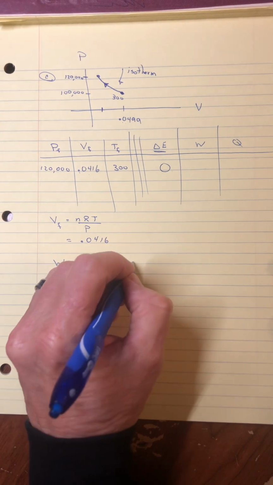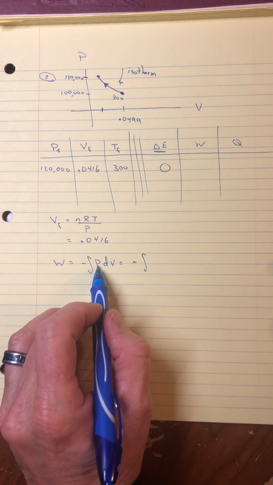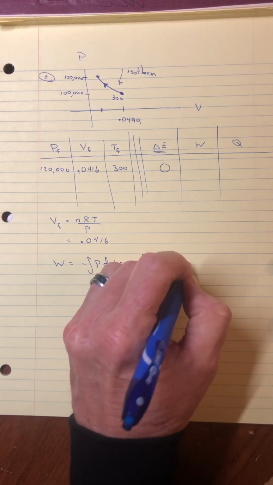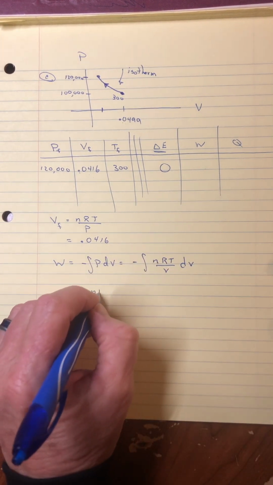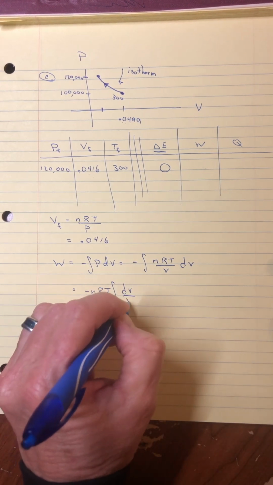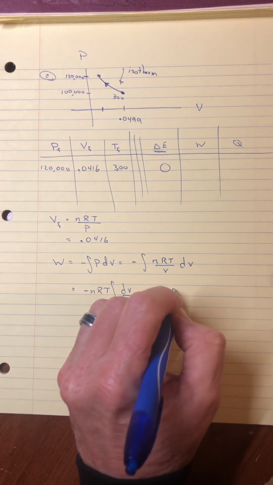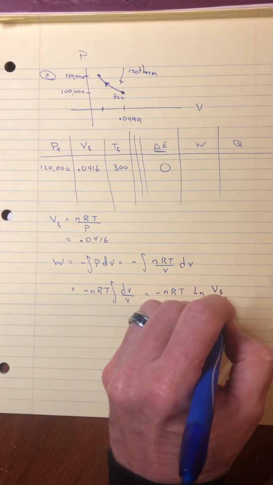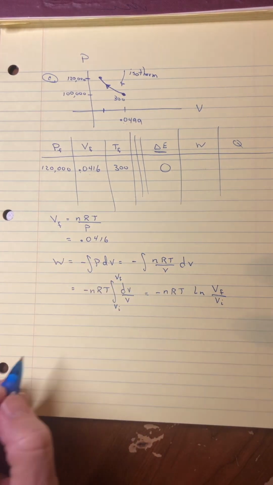And then we argued that P changes, so you can't pull it in front of the integral, but you can replace mathematically P with nRT over V. And that is an advantage for this case because T is a constant in this isotherm. And so the equation we had for work then was the natural log of final volume over initial, if we go from an integral of initial volume to final.